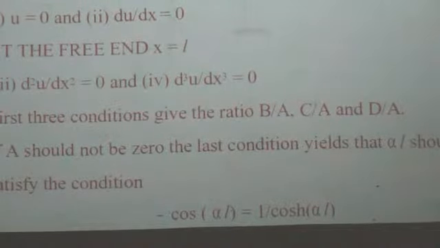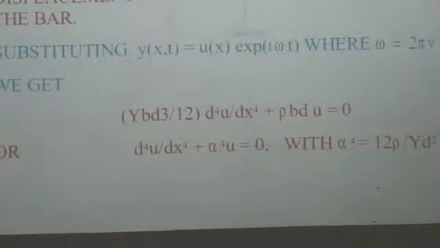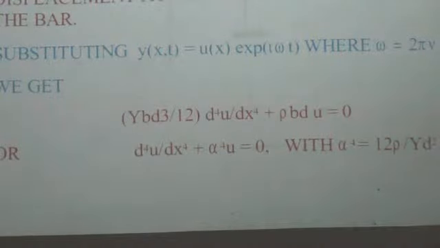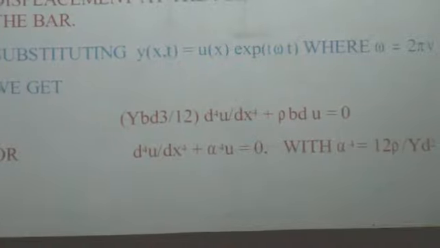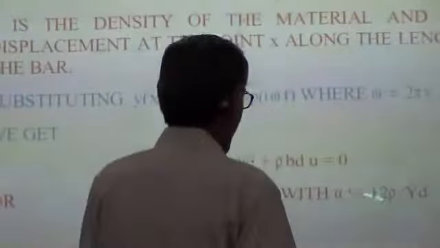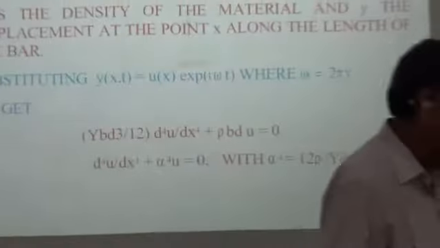And you can see that alpha is related to 12 rho by Yt square into omega square. I have omitted that omega square here.